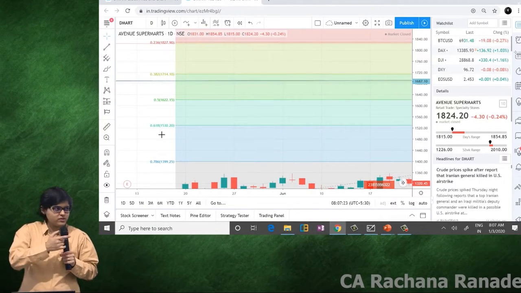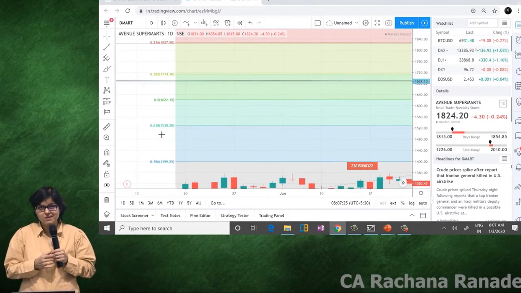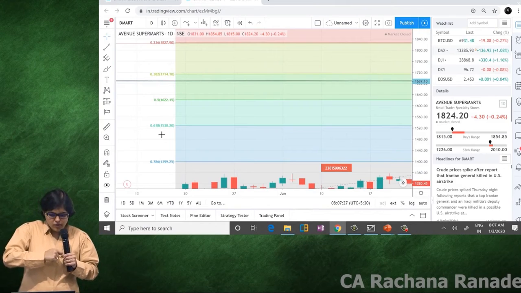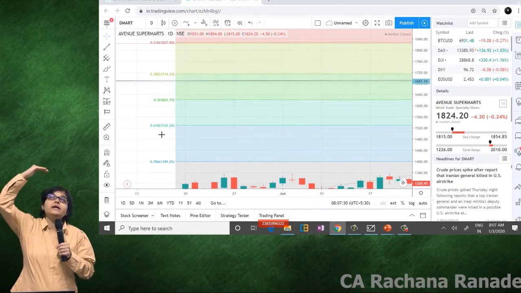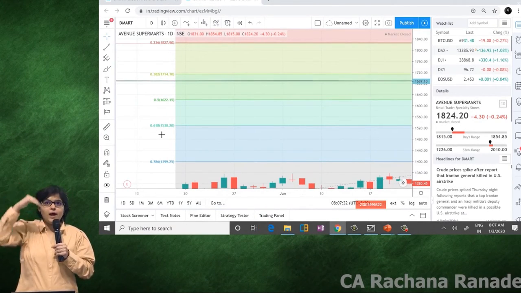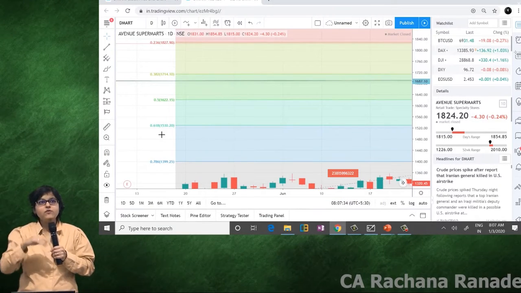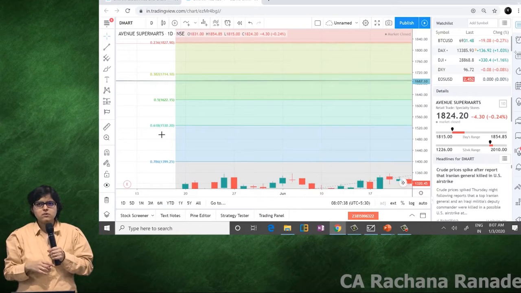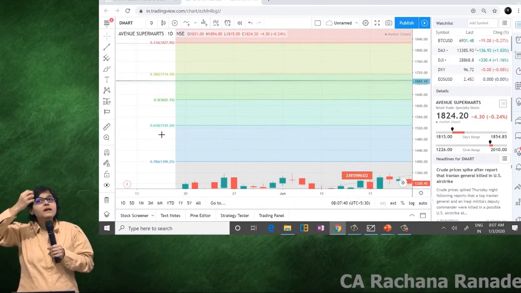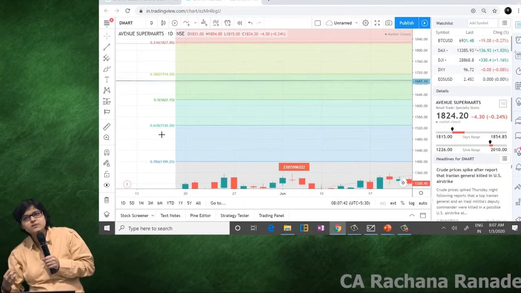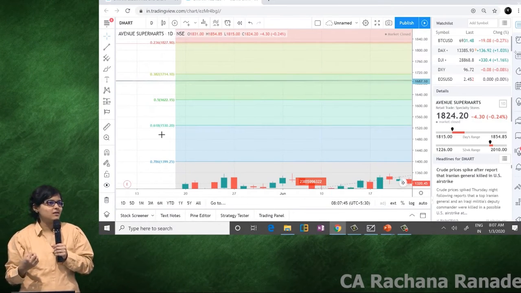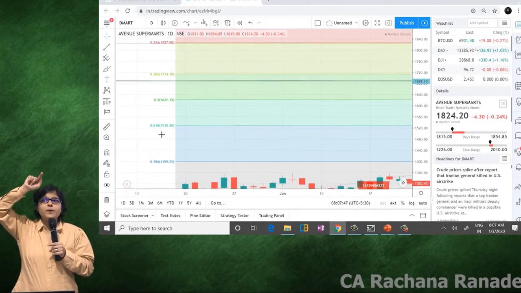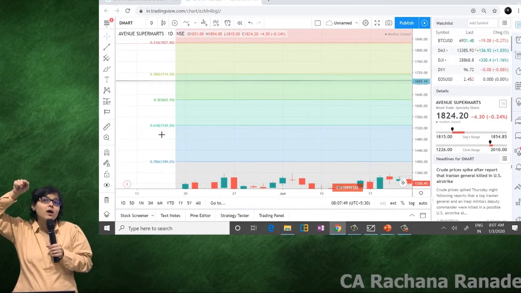If we draw it, that's what I was actually telling. So when I draw from the lowest point to the highest point, it takes 0 at the top and 1 at the bottom. And if you drag it down from top to bottom, it will be reverse. So basically it will retrace to the 23% level. That is the logic. If it has gone up, it will go down by how much?